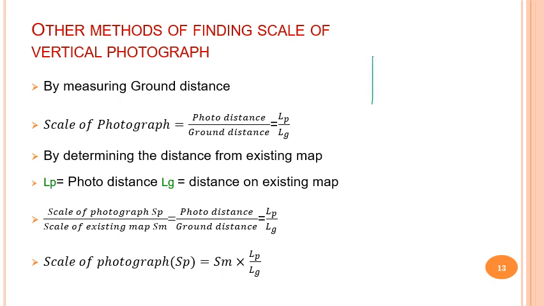This is the photo considered here, and suppose I consider any two points, A and B. The length of AB is the measurement on the photograph, and that is called LP.